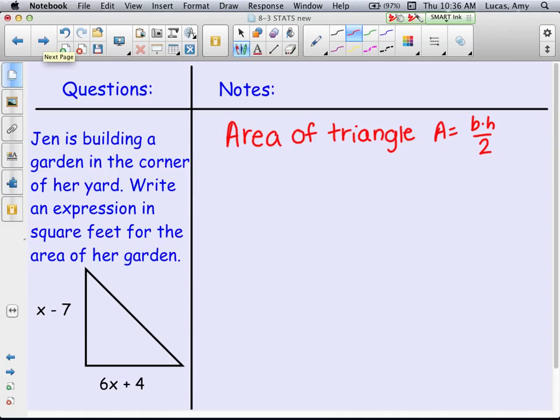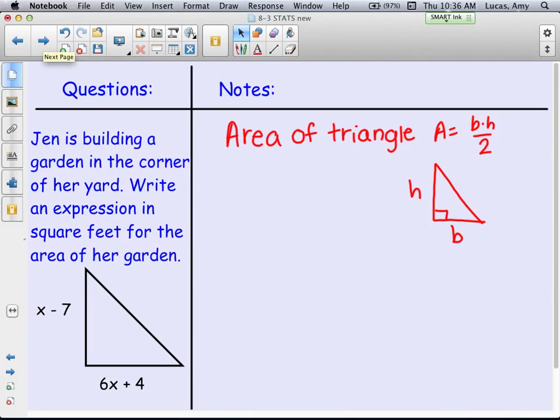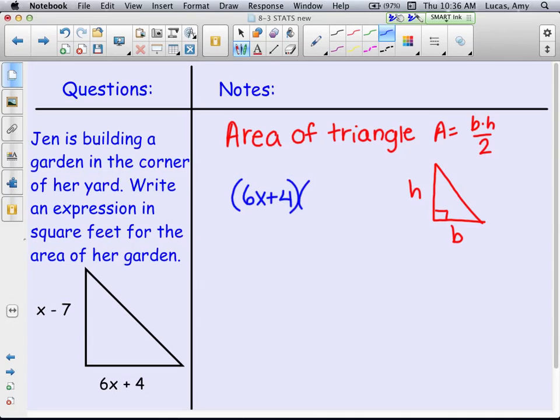And this looks like a right triangle. So on this triangle, we can think of the base as the bottom and the height as how high it stands. So we are going to take those polynomials, base 6x plus 4, and multiply it by the height, x minus 7, and then we are going to have to divide that by 2.